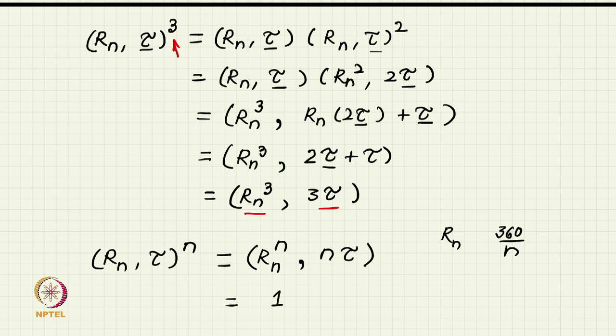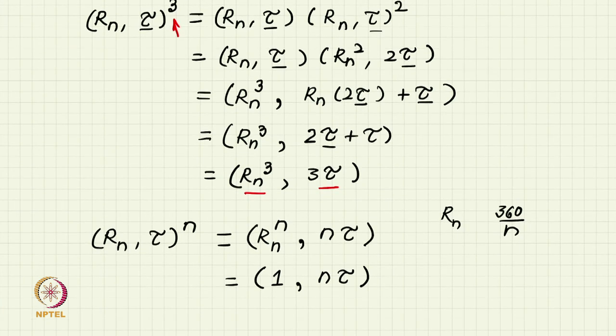It is no rotation at all, or a rotation by 360 degree, which I represent by 1, which is our identity in international notation. So, I write it as 1, and n tau is the translation associated with it. So, that means there is no rotation.